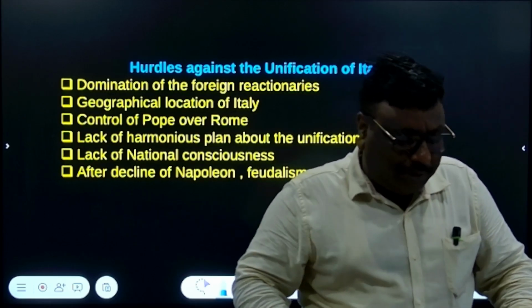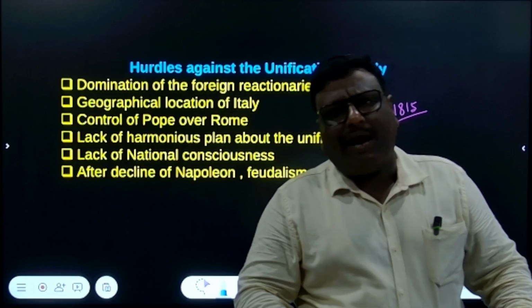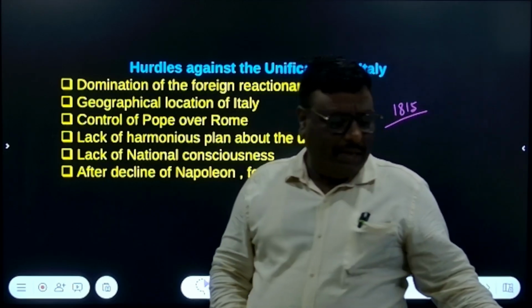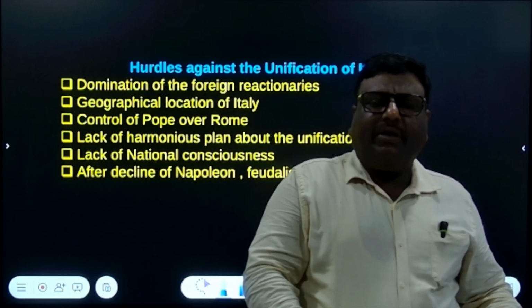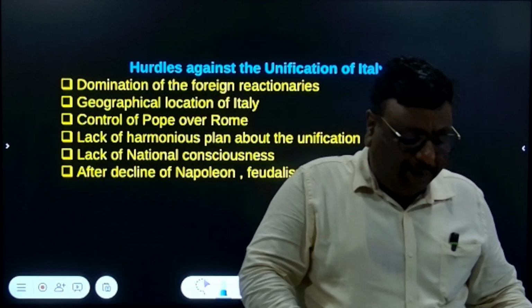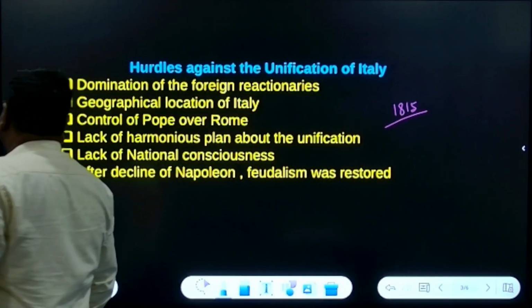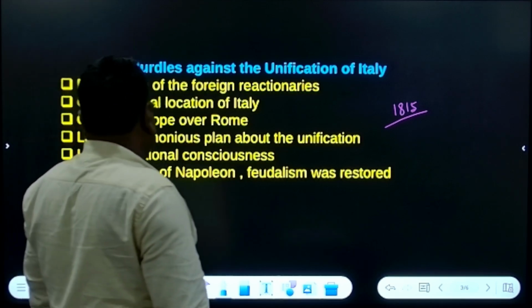After the Vienna Conference, Italy was fragmented and brought under the control of Austria, and Italy had become a mere geographical entity, not a cultural or political entity. These were the basic hurdles against the unification of Italy.